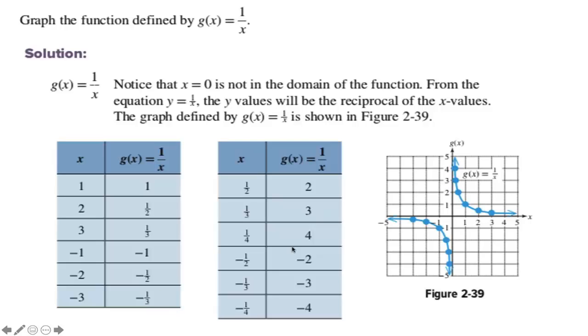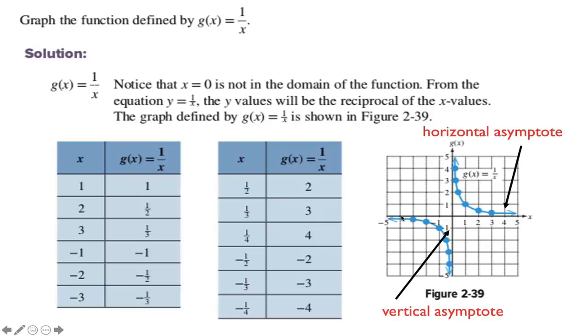Notice that as x gets bigger on the positive x-axis, 1 over x gets smaller and smaller. And as x gets more and more negative, f of x also gets close to 0, but this time on the negative side. And notice that when x is really close to 0, 1 over x is really, really big. Similarly, if x is really close to 0 on the left side, 1 over x is really, really small. So this is the picture of 1 over x.